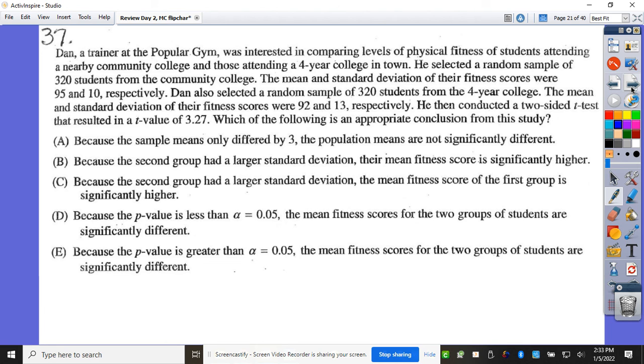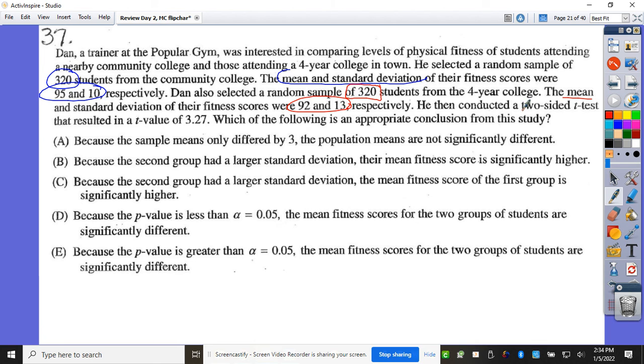He selected a random sample of 320 students from the community college. They had a mean and standard deviation of 95 and 10. And then he also did a sample of 320 from the four-year college, whose mean and standard deviation were 92 and 13.